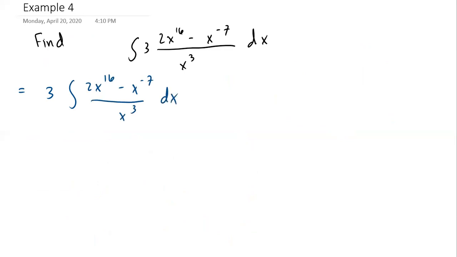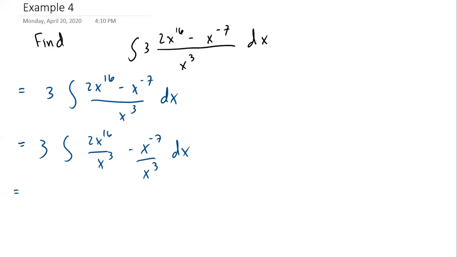What else can I do? Well, this is not going to be any property. I'm just going to simplify the inside. Whenever you're subtracting or adding on the top, you can separate it as two fractions. It's going to be 2x to the 16th divided by x cubed minus x to the negative 7 divided by x cubed dx. Again, that wasn't any property, it's simplifying.